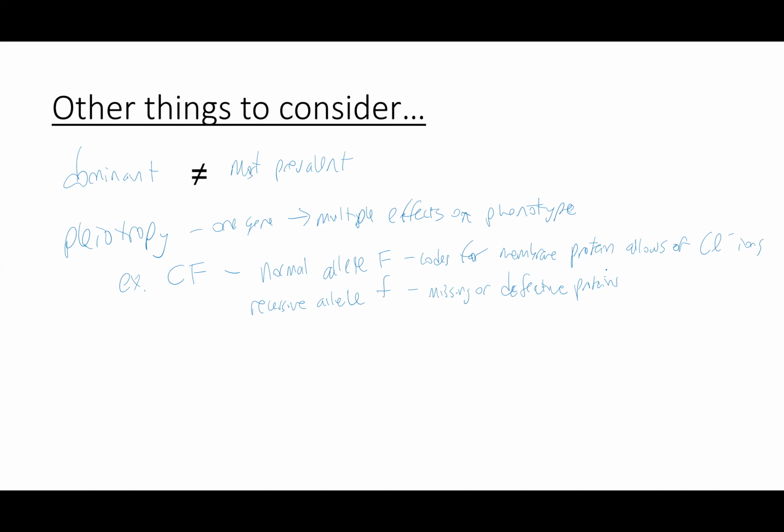Because the chloride ions aren't moving properly, they end up with more fluid, which turns into mucus basically. And the mucus affects not only the lungs, but again, that's the most common one that we talk about. It also affects the digestive tract, the pancreas specifically.